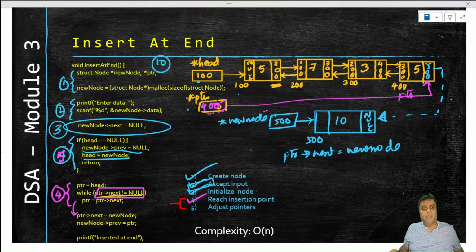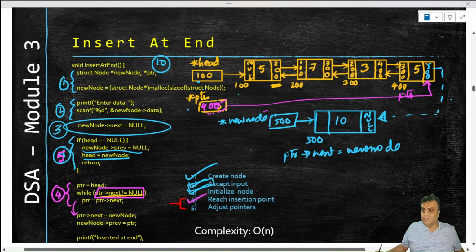So we are done with one adjustment of the pointer. The next adjustment of the pointer is this particular one. When we are inserting this there, my new node's previous should be equal to what? Wherever the pointer is pointing. If I'm placing this at the end, then this should point here from a previous standpoint.